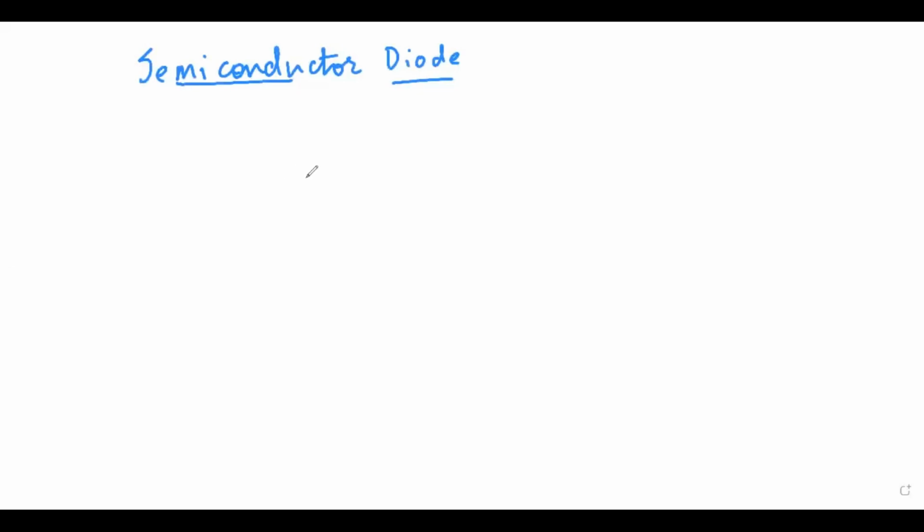When P and N type semiconductors are joined together, we consider this as a P and N type semiconductor. If these two are joined together, then it forms a diode.